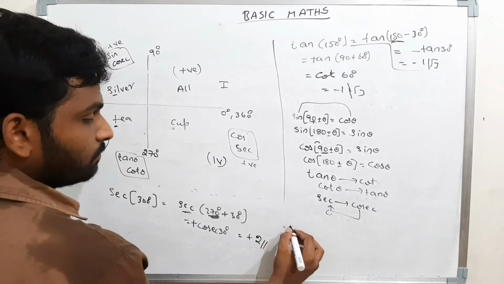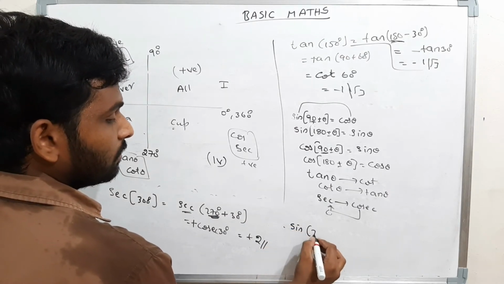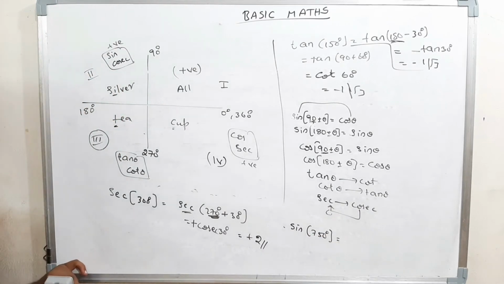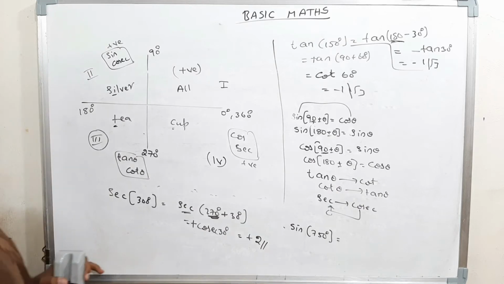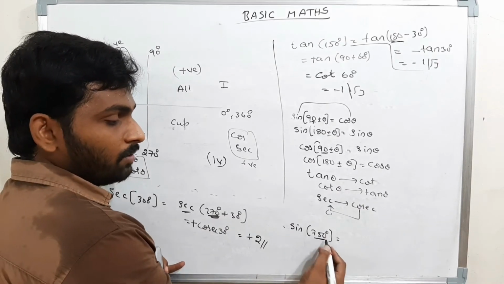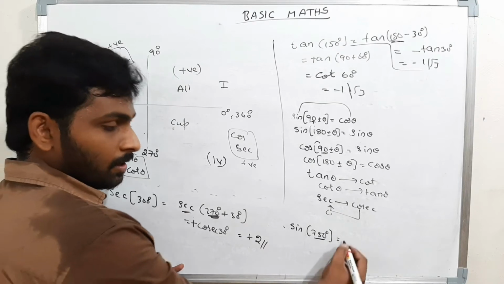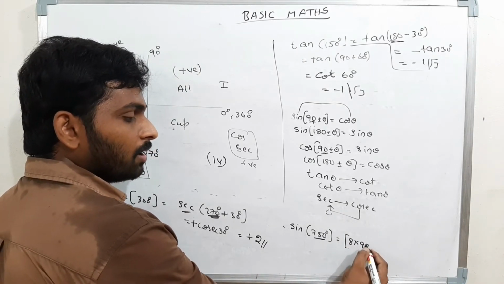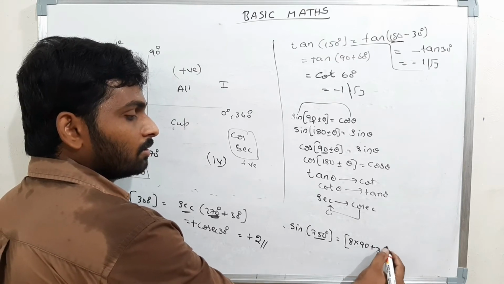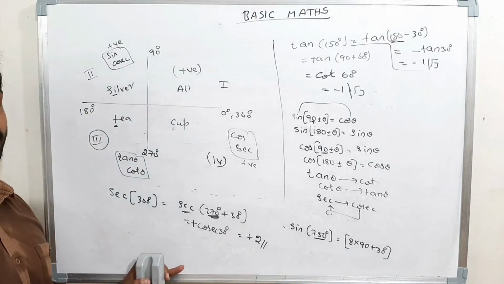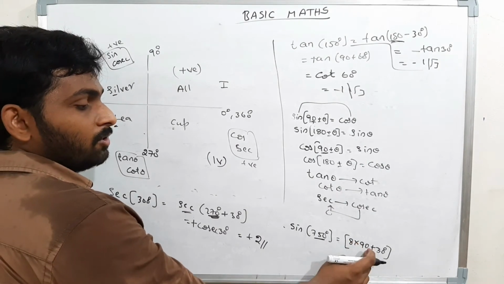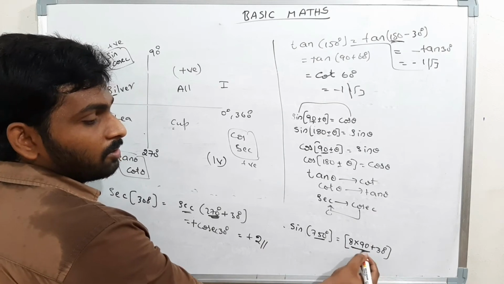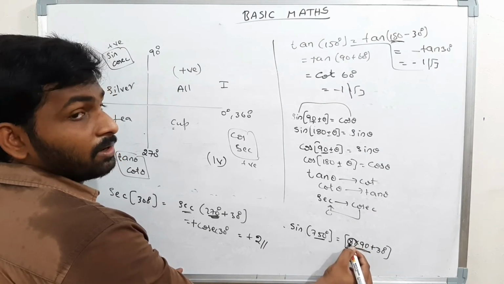Now we will take one more thing. Sin 750 degrees. Now how can I write this? 750 I can write like this: 8 into 90 plus 30 degrees. 8 into 90 is 720 plus 30 is 750. Now it is an even multiple or odd multiple? It is an even multiple. 8 is an even multiple of 90.